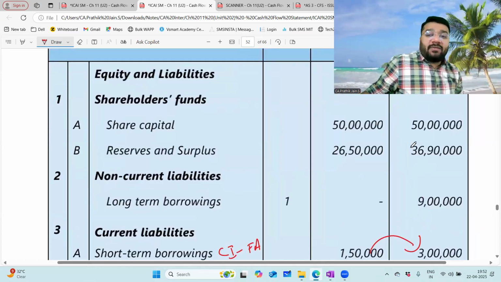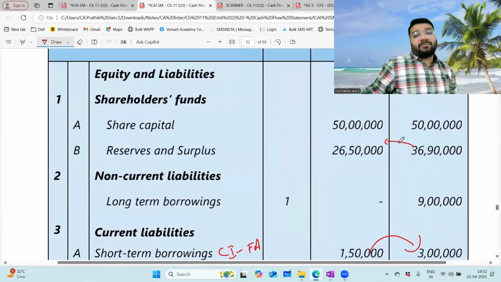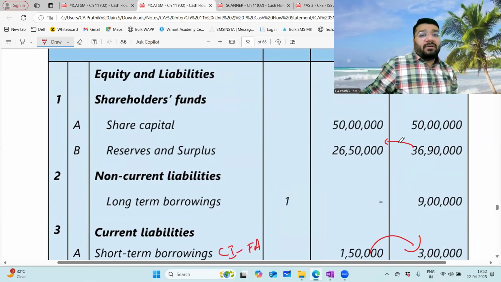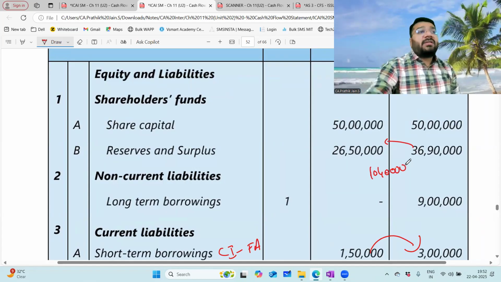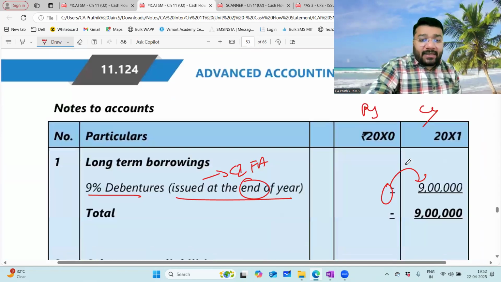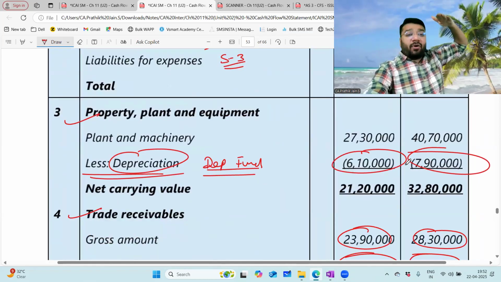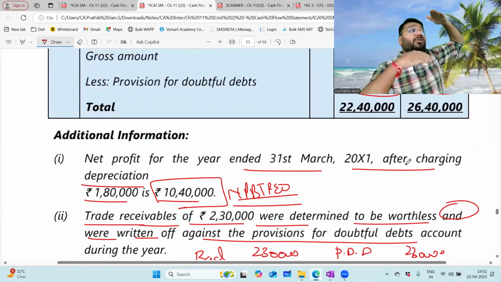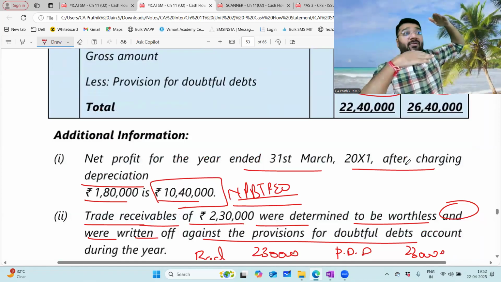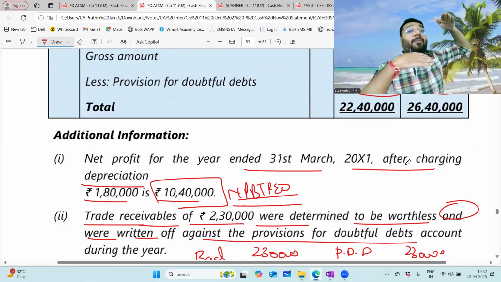Reserves and surplus, what is the difference? Please take the difference. 3690 minus 2650 is 10 lakh 40,000. This 1040 is exactly matching with the profit before tax. So profit before tax is 1040, surplus also 1040, which means in between provision for tax and those 4 items of appropriation were not subtracted.